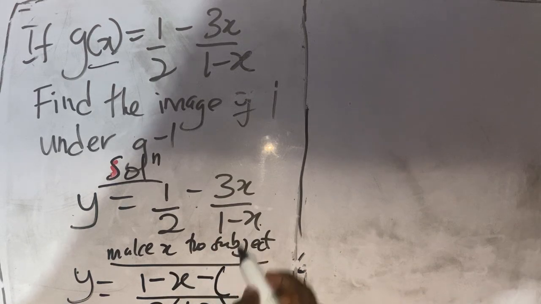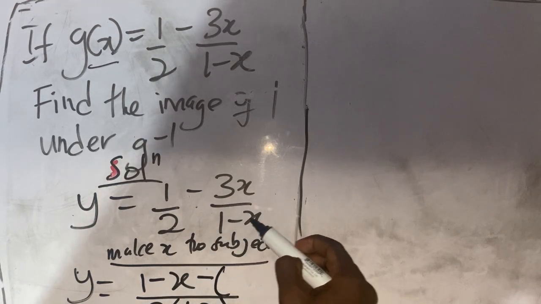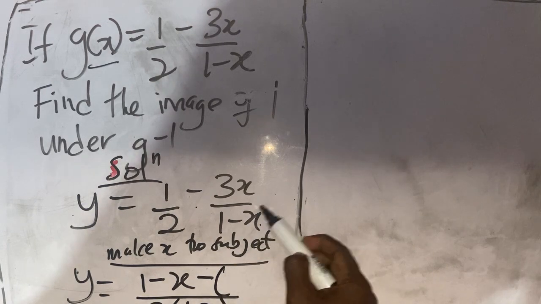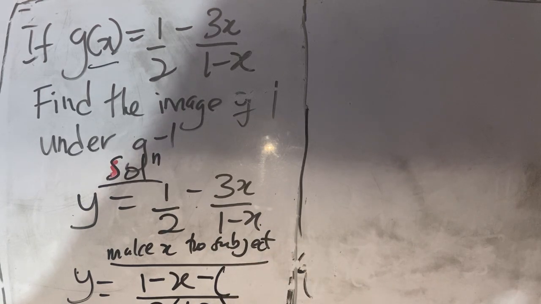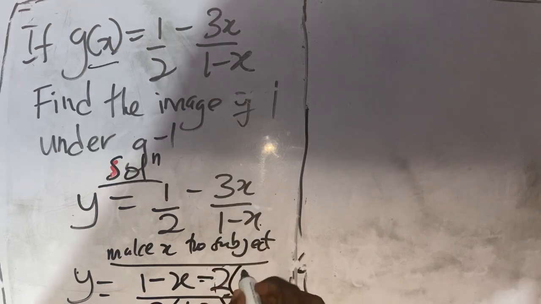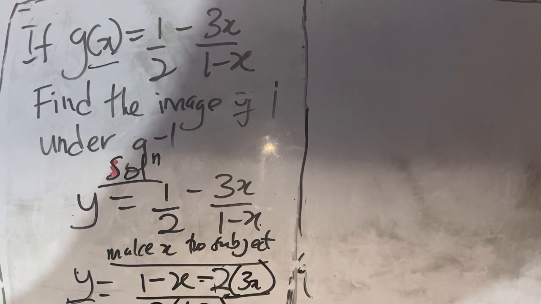The 1 minus x goes into the LCM and cancels, leaving just 2. So minus 2 because of this minus, multiplies the whole of 3x.